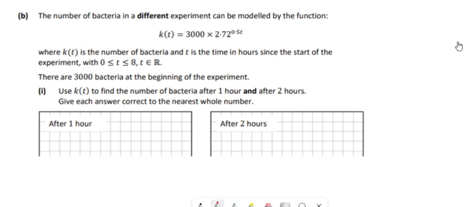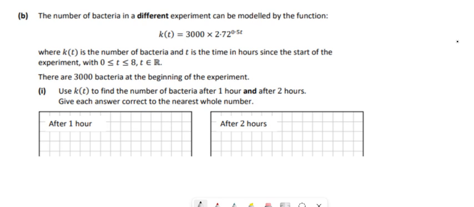Right, the number of bacteria in a different experiment can be modeled by this, where K of T is the number of bacteria and T is the time in hours since the start of the experiment. So very similar, it's just a different function now. There are 3,000 bacteria at the beginning of the experiment. Use K of T to find the number of bacteria after 1 hour and after 2 hours.